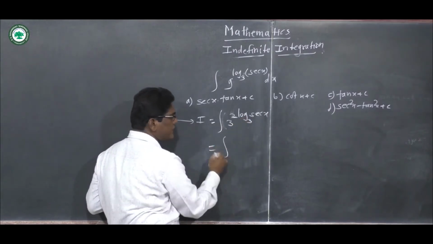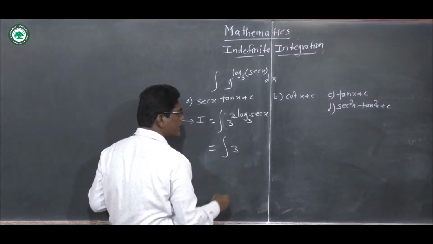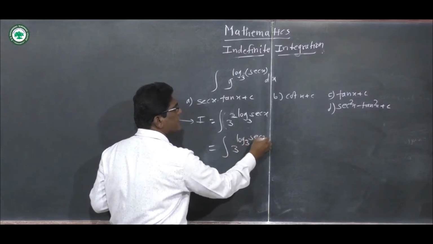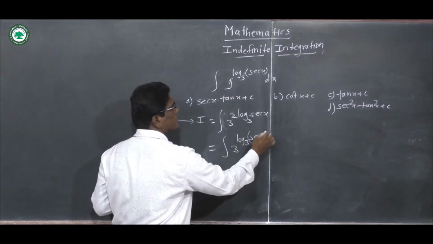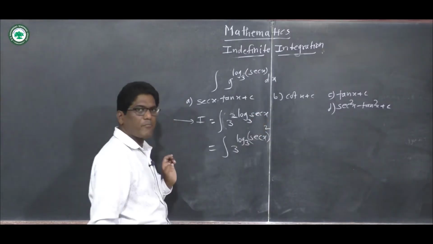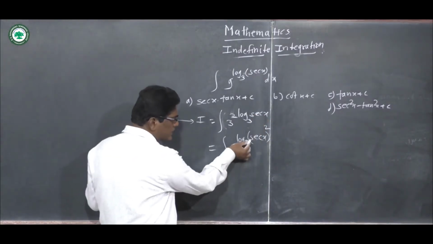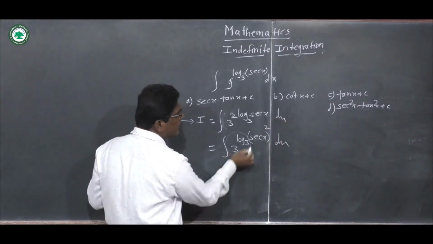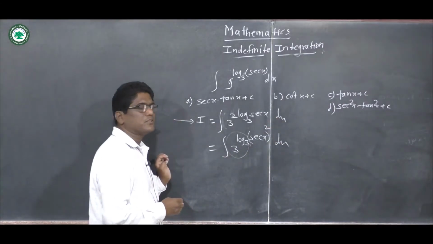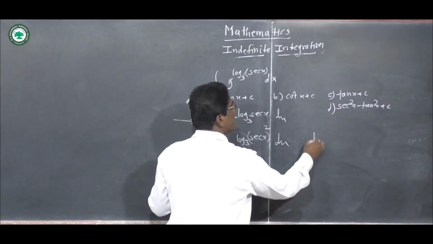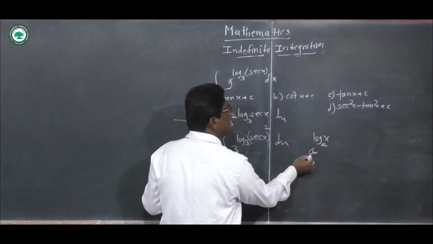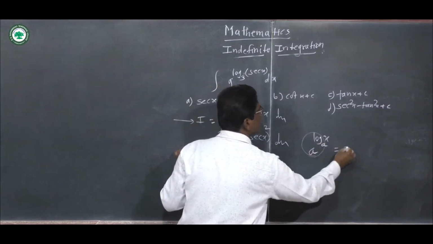So it is equal to integration of 3 to the power log of sec x square to the base 3. So these 3 and log 3 get cancelled to each other, because we know that a to the power log of x to the base a, this a to the power log a gets cancelled and we get only x.